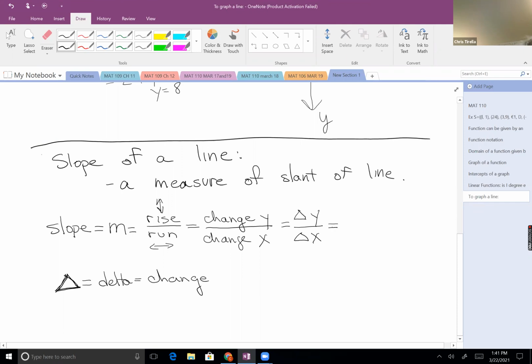But change is sometimes also referred to as the difference. So that change in y would be the difference in y values, and the change in x would be the difference in x values. When we look at this, we sometimes find the slope between 2 points.